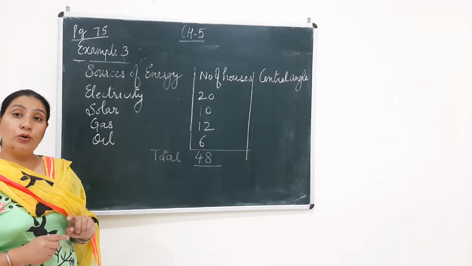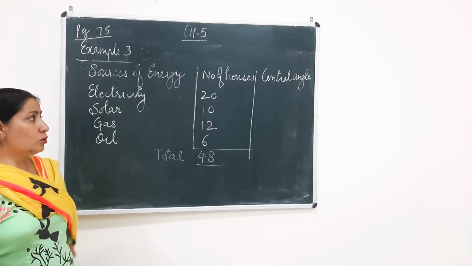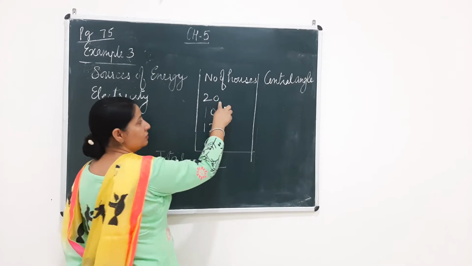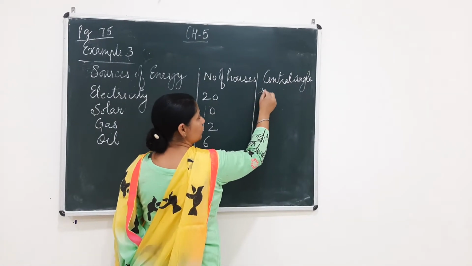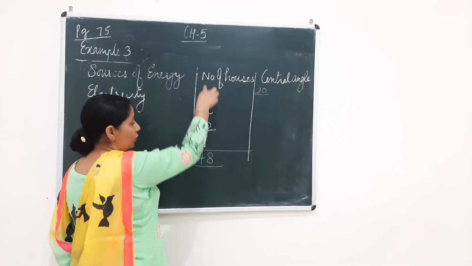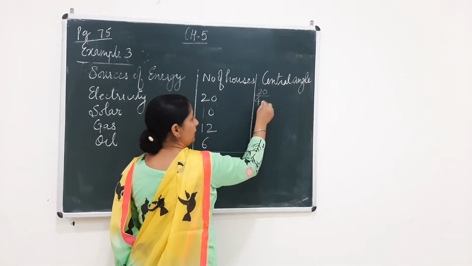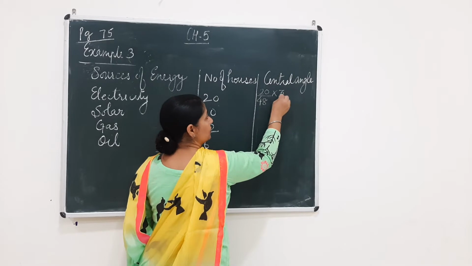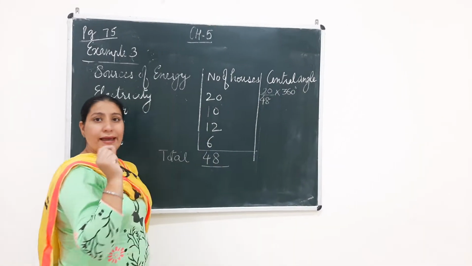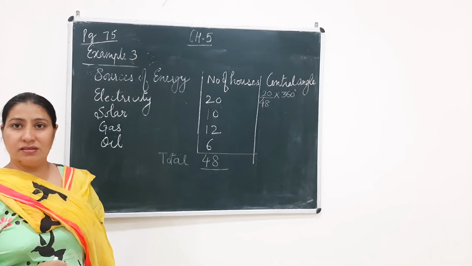So how do you find the central angle? Just look here. In the central angle, the first thing that you have to write is the frequency, which is 20, divided by the total of this column, which is 48, multiplied by 360, because as I told you, the total angle at the center of the circle is 360.